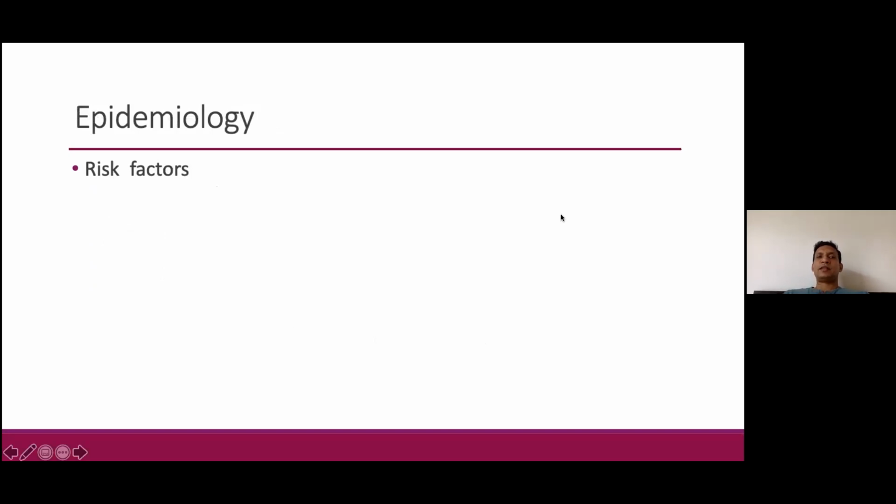Right. So what are the risk factors? PID is usually a diagnosis of exclusion, so you have to suspect PID in a patient. To suspect that, you have to know this patient is at high risk for PID because of certain reasons. So what are the risk factors associated with PID?